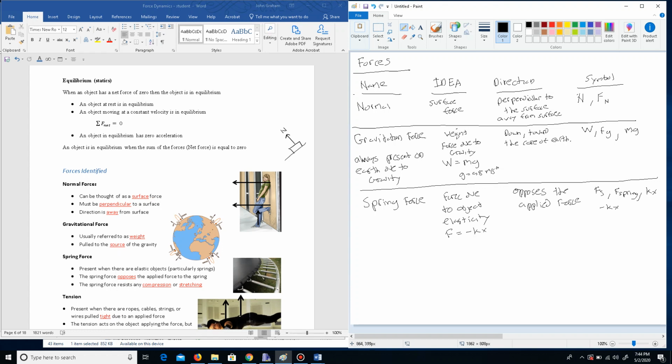The negative sign just means that it opposes the applied force. So if you made the applied force negative, this becomes positive. K is its elasticity, and we'll get into that later.